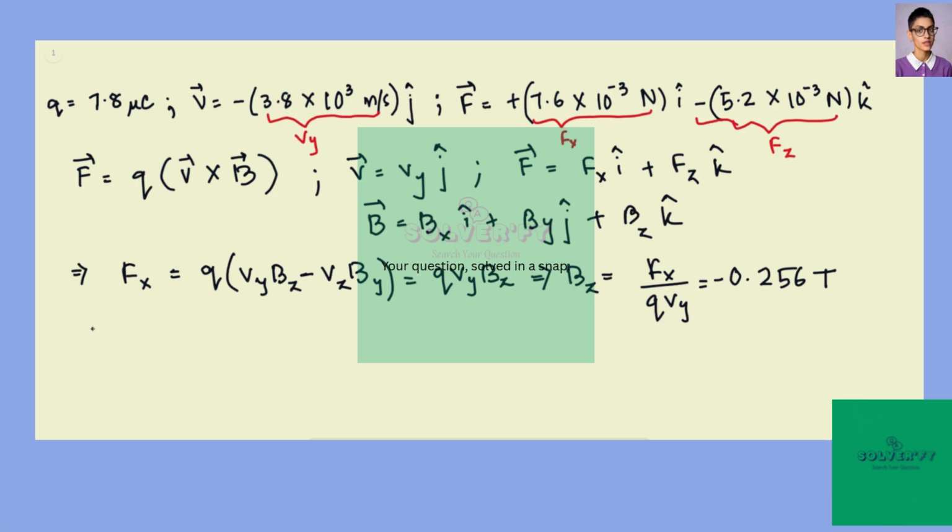Now we also get Fy to be equal to q times (Vz Bx minus Vx Bz). But there is no component of force along the y direction. This is just 0.